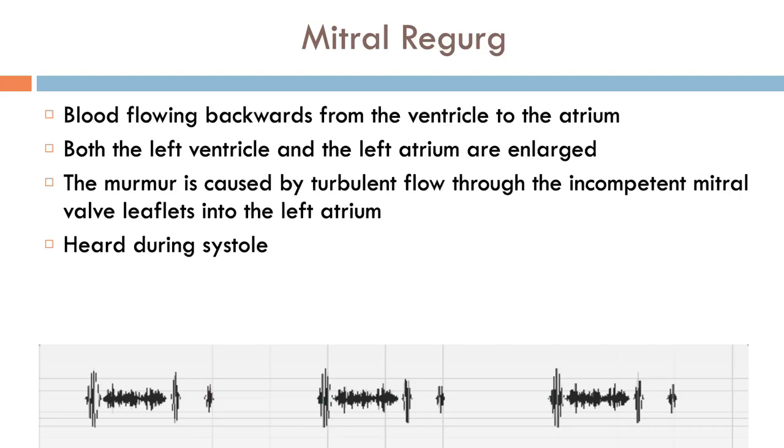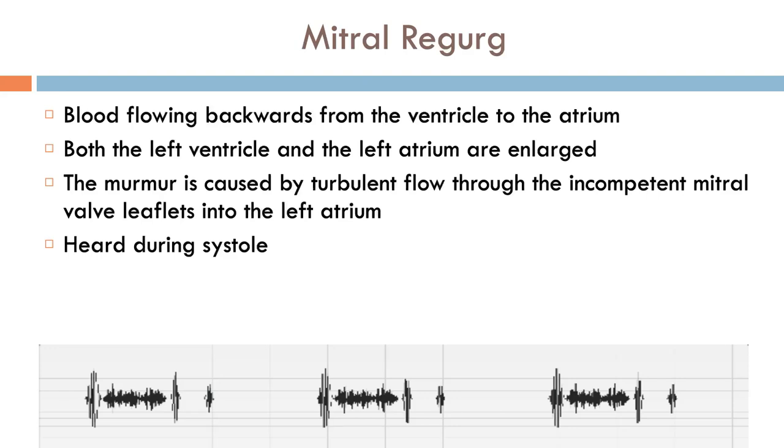When does the mitral valve close? During ventricular systole. The ventricle starts to squeeze, and the mitral valve snaps back, and then it can't hold. Either the chordae tendineae or the papillary muscles are too loose, so it forces the leaflets into the left atrium, and you have blood being pushed back into the left atrium. That's what the regurg sound is.